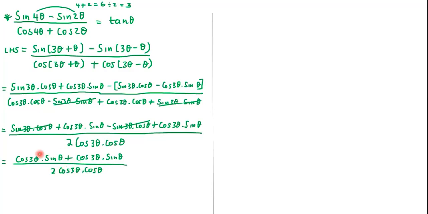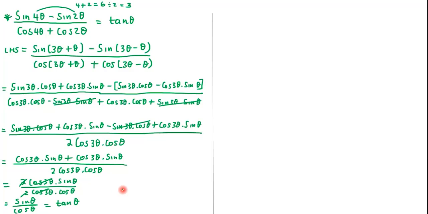All right, now adding these two at the top, they give me 2 cos 3 theta times sine theta over, then at the bottom they give me 2 cos 3 theta times cos theta, and then cancel these two, and then the answer becomes sine theta over cos theta, which becomes tan theta.